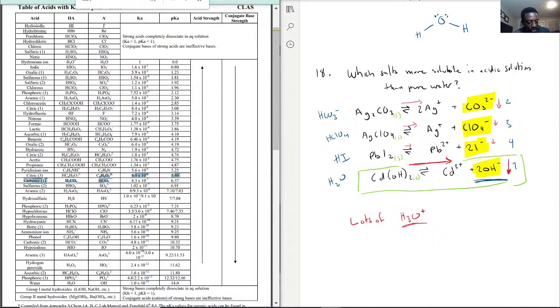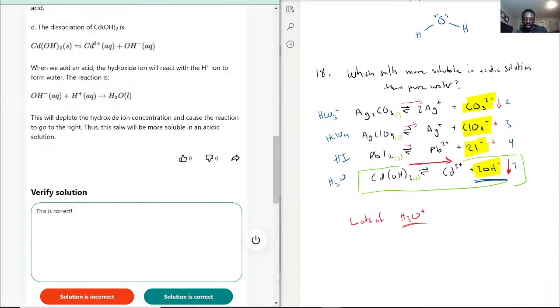There we go, carbonic acid. It's a pretty weak acid. So if this one was not here, this would be our next one, the one that's most soluble right after. The point being that for this question, the answer is cadmium hydroxide.